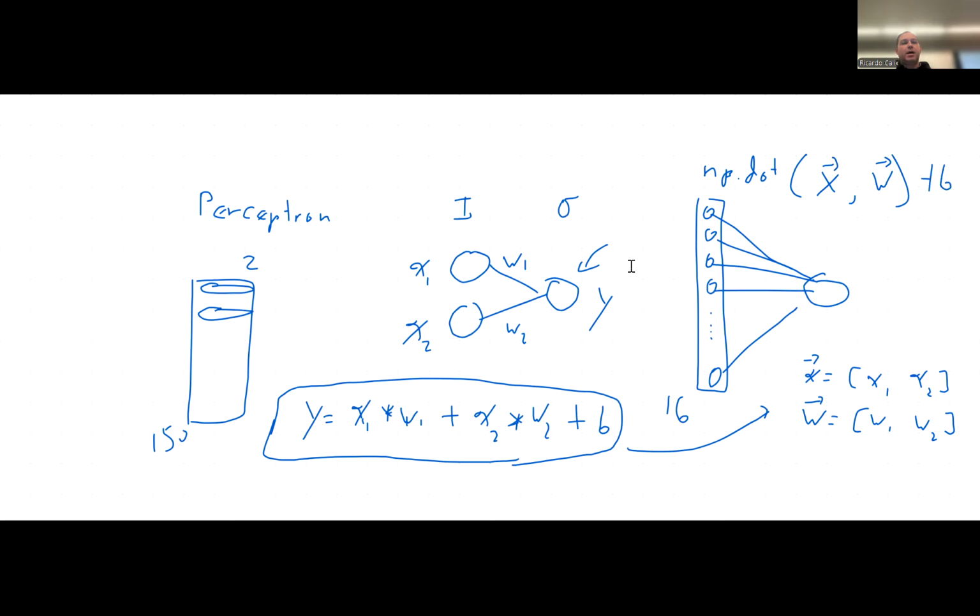You can see I kind of wrote it down here, but essentially this operation np dot of x, where x is x1, x2, and w, you can draw it out as the full equation of x1 times w1, x2 times w2 plus b. And again, now going back to the drawing or the hardware perceptron.